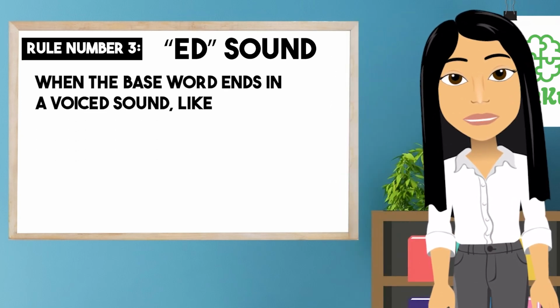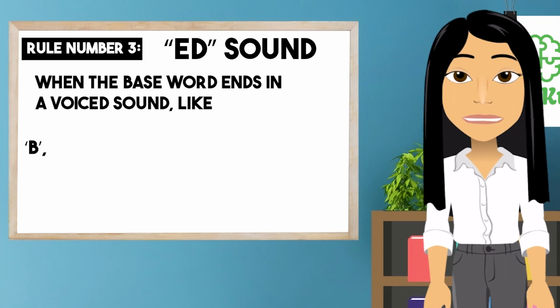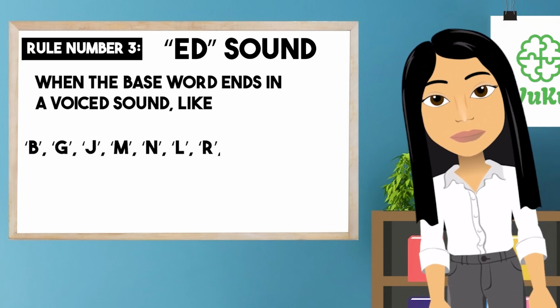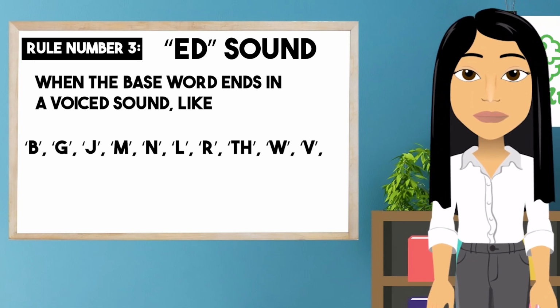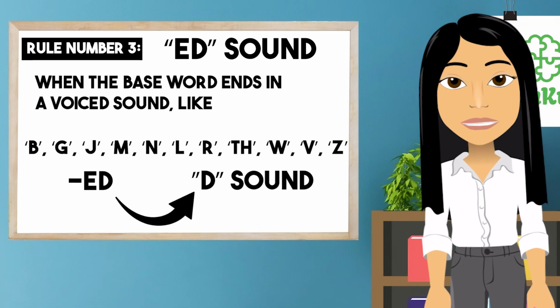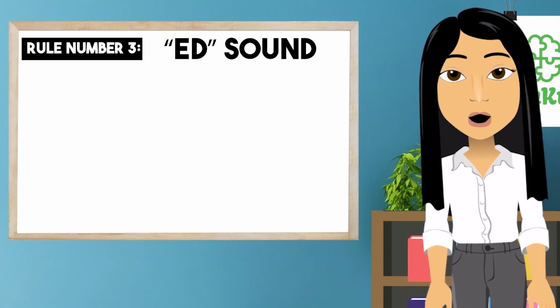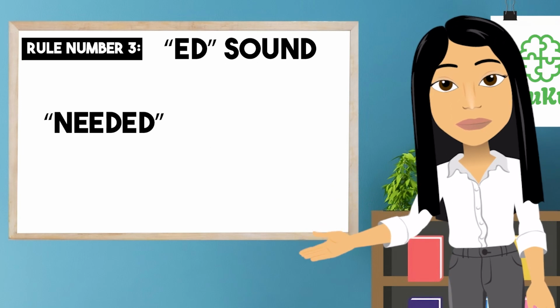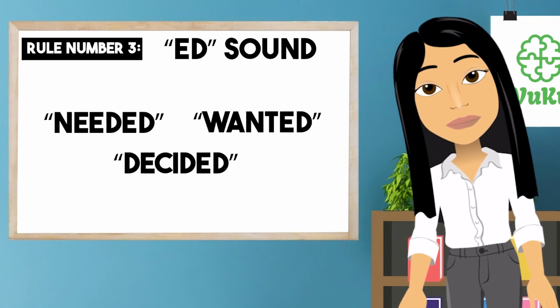Now, when the base word ends in a voiced sound like B, G, M, N, L, R, W, V, Z, the ed sound is pronounced as D. The D sound is very easy for students to get used to. Let's try a few more. Grabbed, tagged, lived.